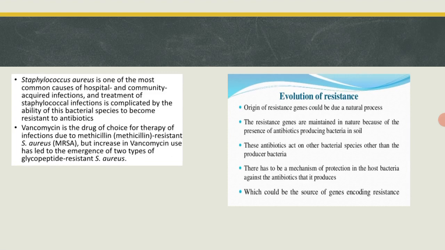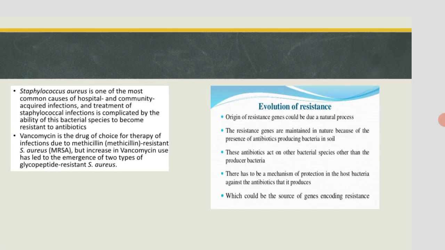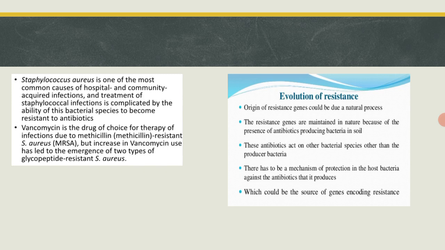Then there has to be a mechanism of protection in the host bacteria against the antibiotic that it produces. So there must be a mechanism in the host bacteria which protects them from that antibiotic effect. That is why they produce resistance, and that can be the source of the genes encoding resistance. So these are the sources from where this resistance is evolving.